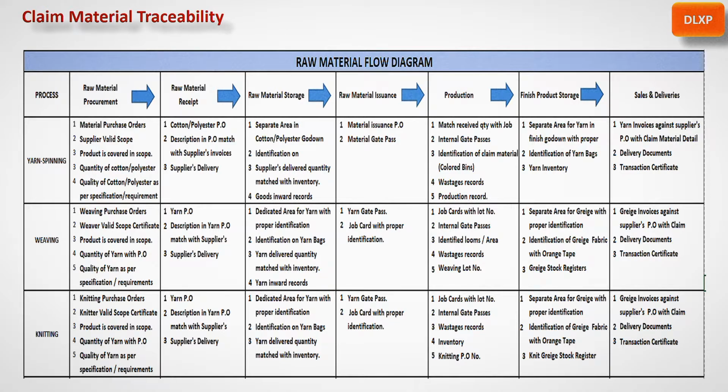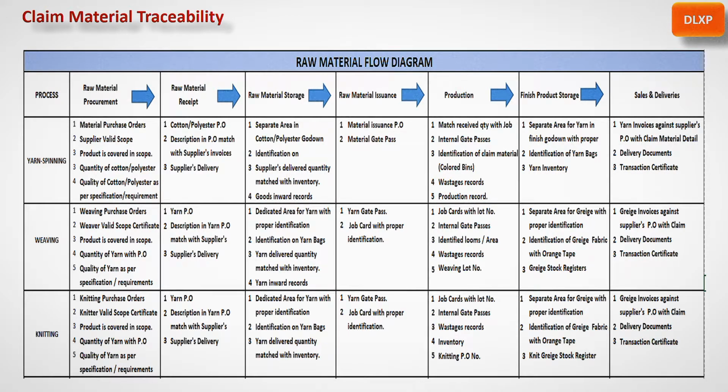Identification of yarn bags, again the yarn inventory is available, then the total number of bags produced against these lots or against these bales. And then delivery documents: when you dispatch the yarn to the weaving side or any other place, you should have proper yarn invoices against the supplier's PO with claim material details, delivery documents and a transaction certificate, which is mandatory in terms of GRS or RCS.